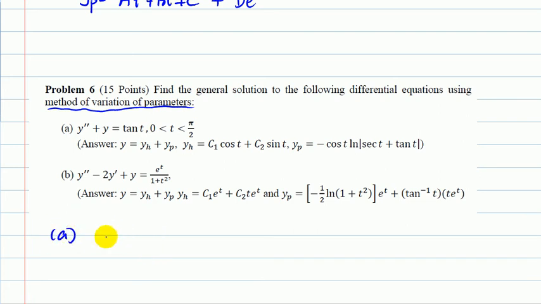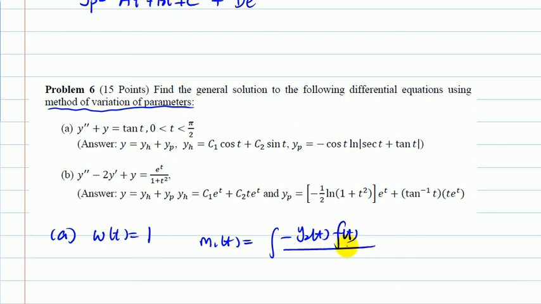If you do it properly, you'll find that your Wronskian is 1, and your u1 of t is going to be the integral of negative y2 of t f of t over w of t dt, which is the integral of negative sine t tan t dt.